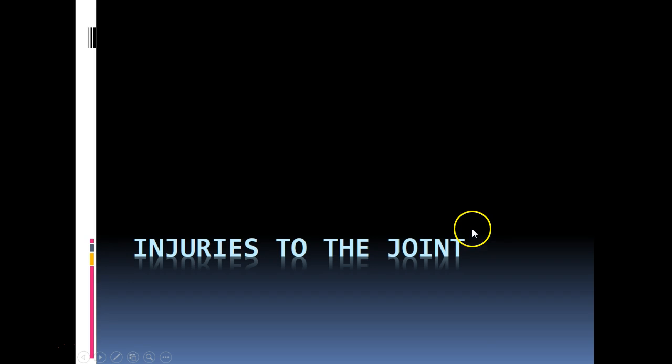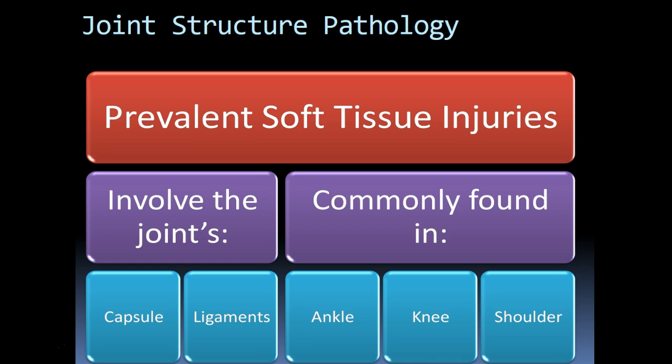And that brings me to joints and injuries to joints and compromise. The first thing that I want to do is look at joint structure and pathology. A joint has many anatomical structures that make it up. The first thing is soft tissue, right? Soft tissue surrounds the joint, and by soft tissue, what I mean is muscles. If we dissect away or transect the soft tissues, then what we have is a capsule.